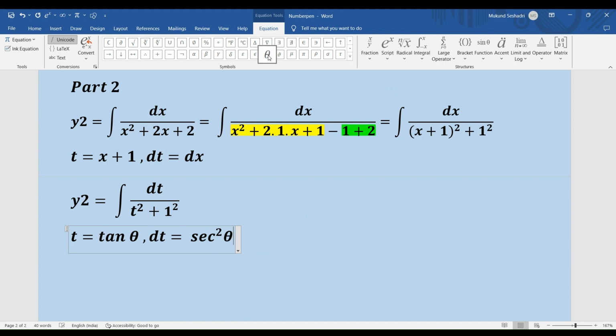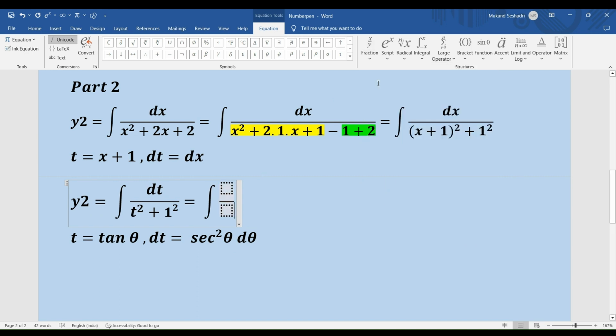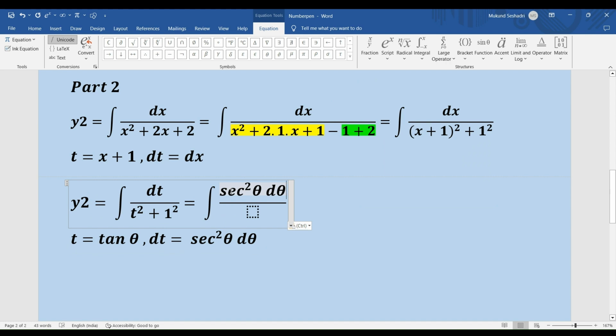Now I go back to my y2 and put back everything in terms of theta, right? And allow me to do this in the same line. Take a look at the substitutions we have done. So what happens to my numerator? My numerator becomes secant square theta d theta. So let me write it as it is. And my denominator becomes 1 plus tan square theta, right?